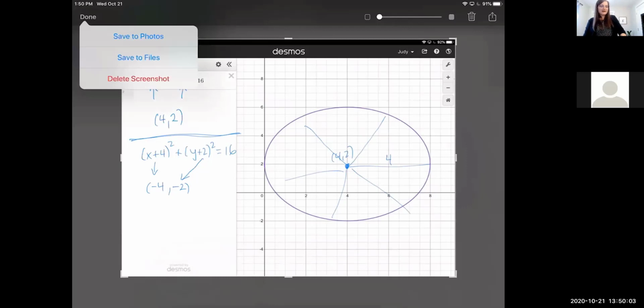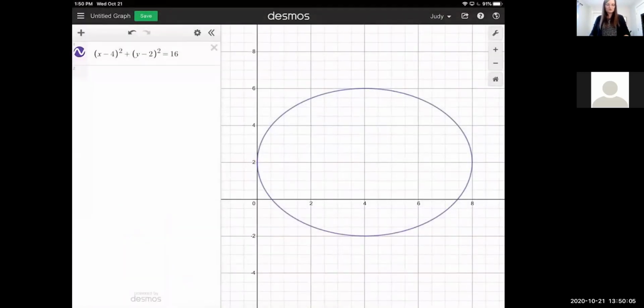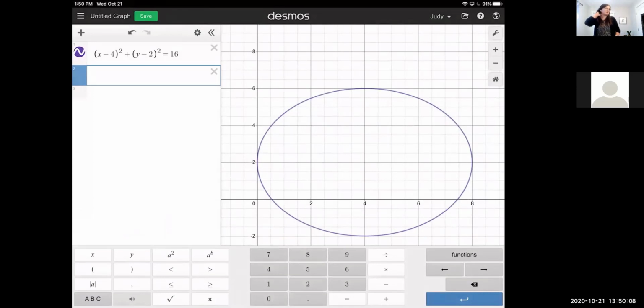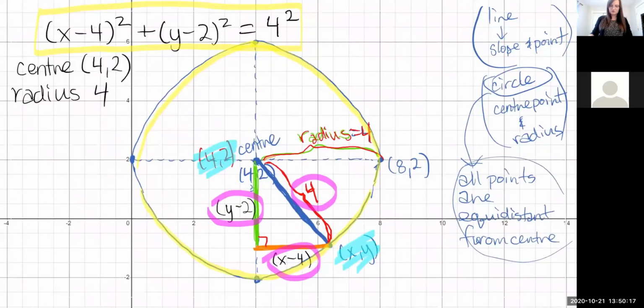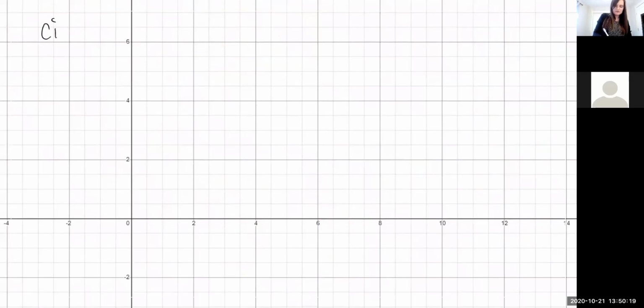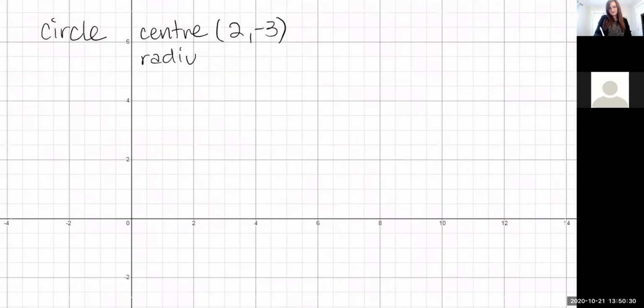Okay, so knowing that, I want you to try to tell me, I'll give you a minute in the chat to think about how you would write an equation into Desmos so that it graphs a circle with center, say 2, -3, and radius 5.